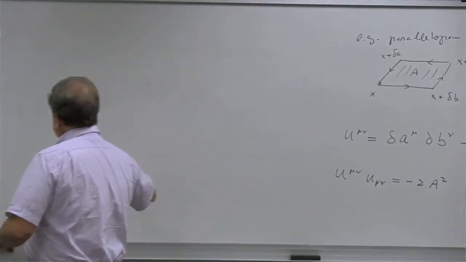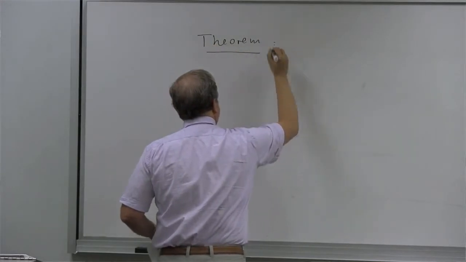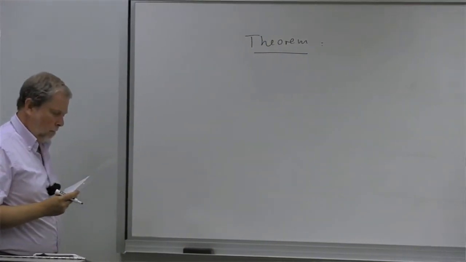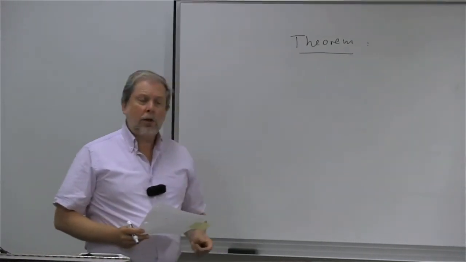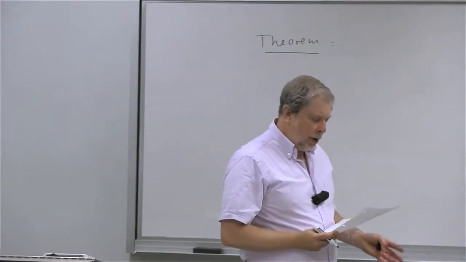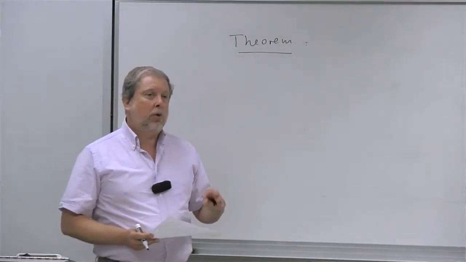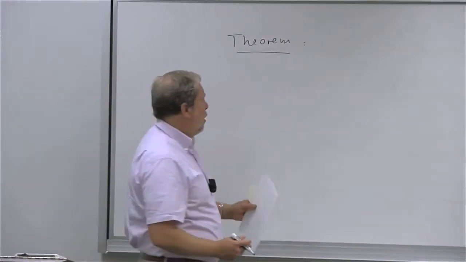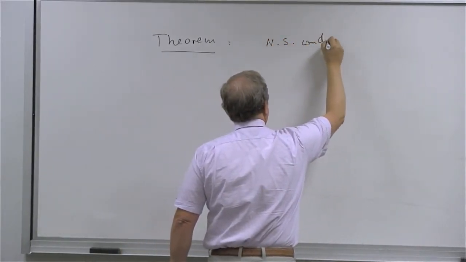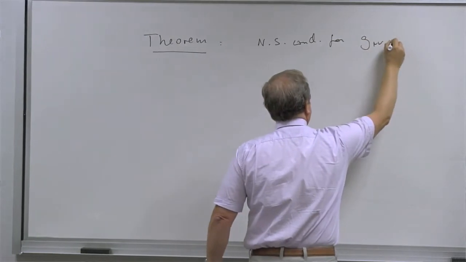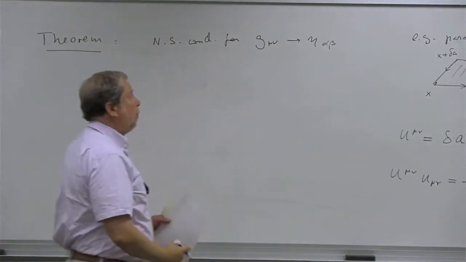So now there is a theorem. And the theorem says, and I'm just going to say it in words, that the necessary and sufficient conditions for a metric at a given point in space-time to be equivalent to a Minkowski metric, for g mu nu to become eta alpha beta, right?